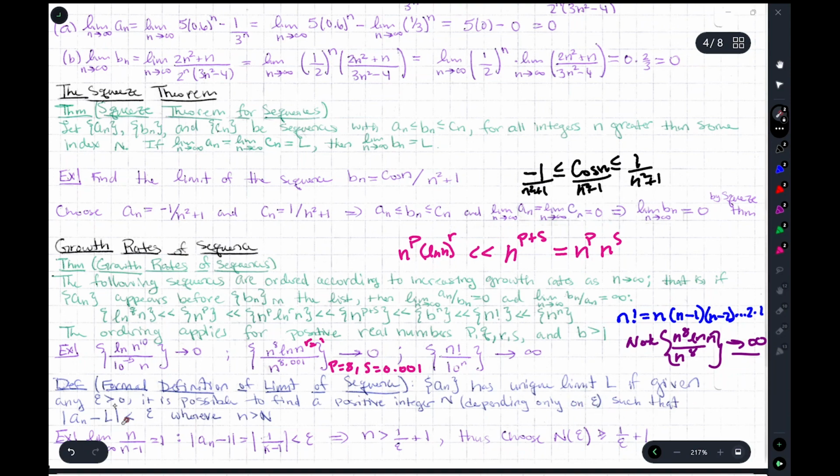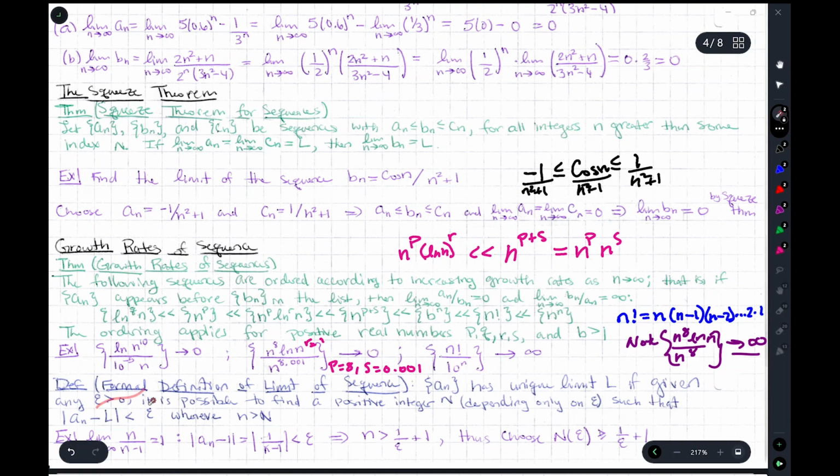Formally, if given any epsilon greater than 0, any epsilon whatsoever, it's possible to find a positive integer N, depending only on epsilon, so N can depend on epsilon, such that the absolute value of a sub n minus L is strictly less than epsilon whenever n is greater than that positive integer capital N. This is just telling you that if n gets larger than this capital N, then all the subsequent terms will be less than that epsilon.